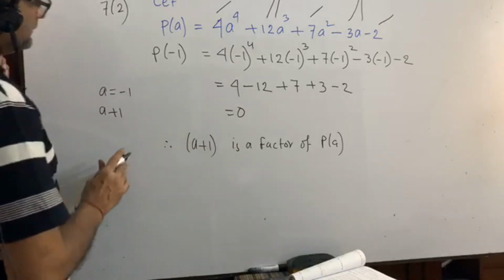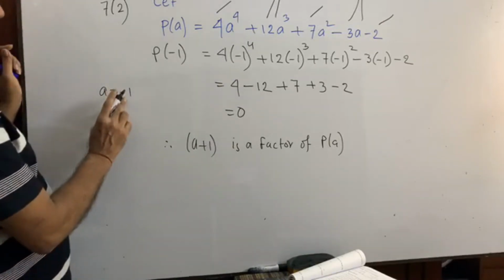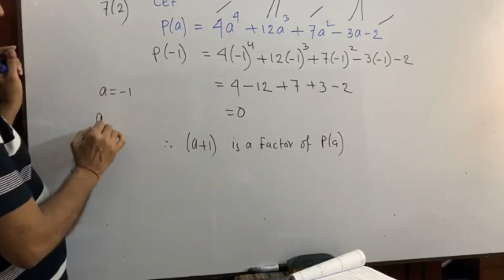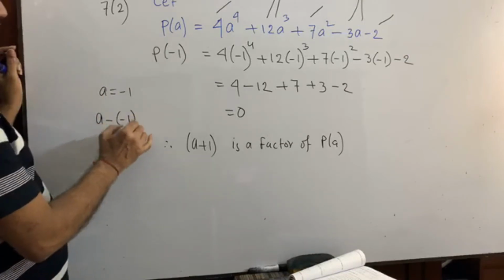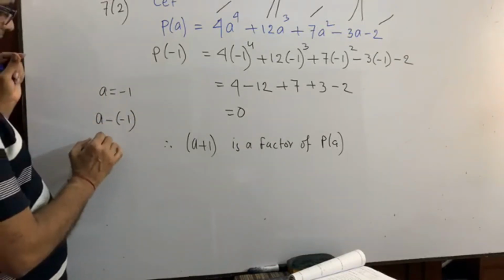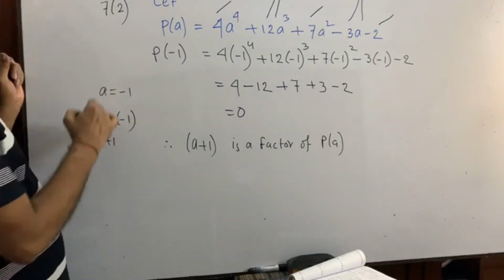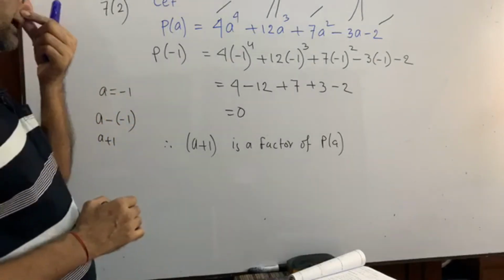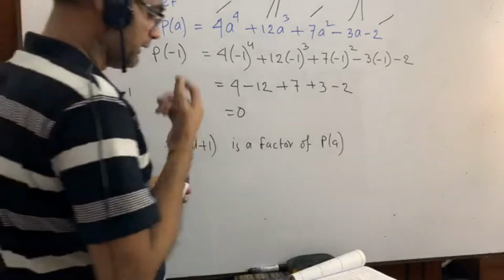A plus 1 is a factor of P of A. Actually, my dear students, it is not the way, okay. It will be like this: A minus minus 1, in this way. That means A plus 1, okay. This is the original format, but to do the math very easily, we normally take it like this.